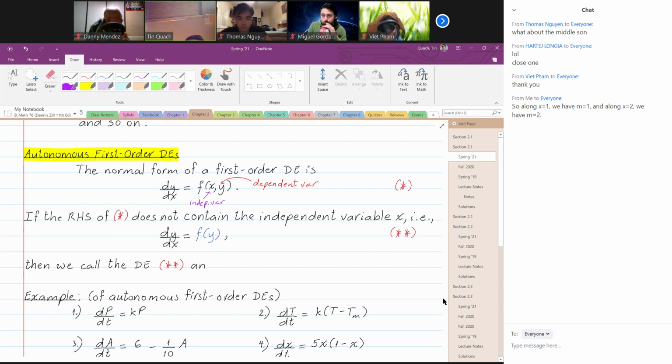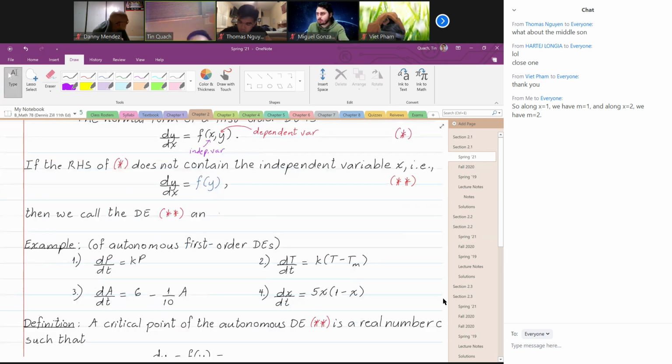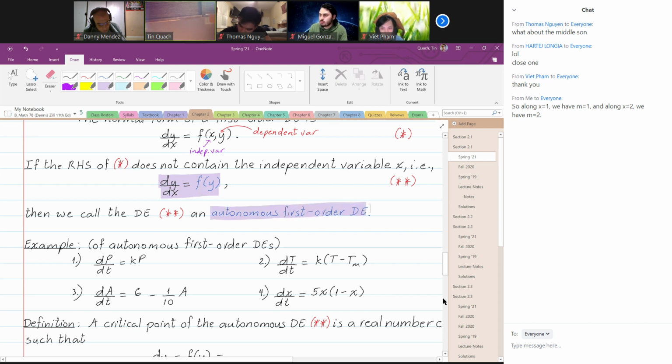So then we call the differential equation an autonomous first order differential equation. Okay, so that's what it means. All right. Any question on that? Very easy to understand, right?